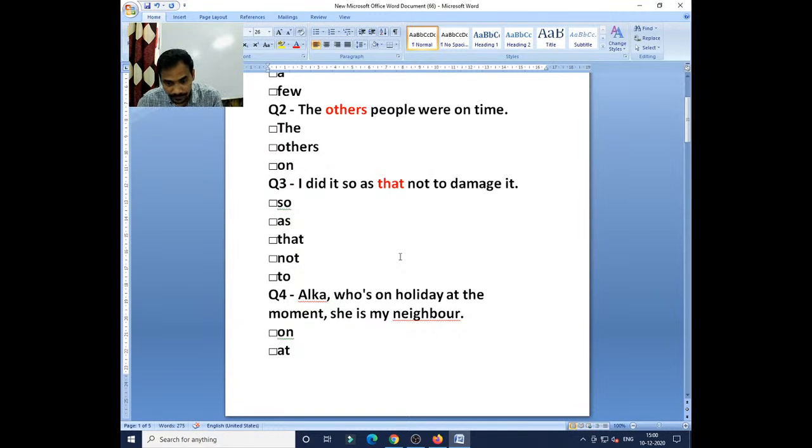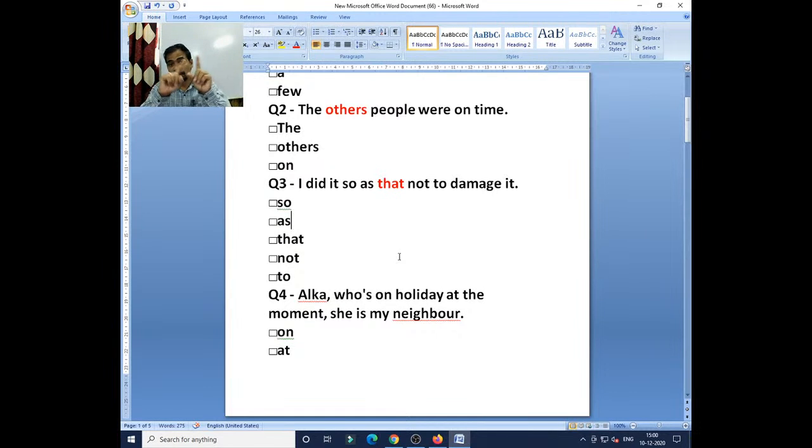Clear? Because once you write "that", after that you have to select one subject plus verb again. Like the box is so heavy that I cannot lift it. After that I am using one pronoun, then a verb, but here there is no subject or pronoun. So "that" should be removed.